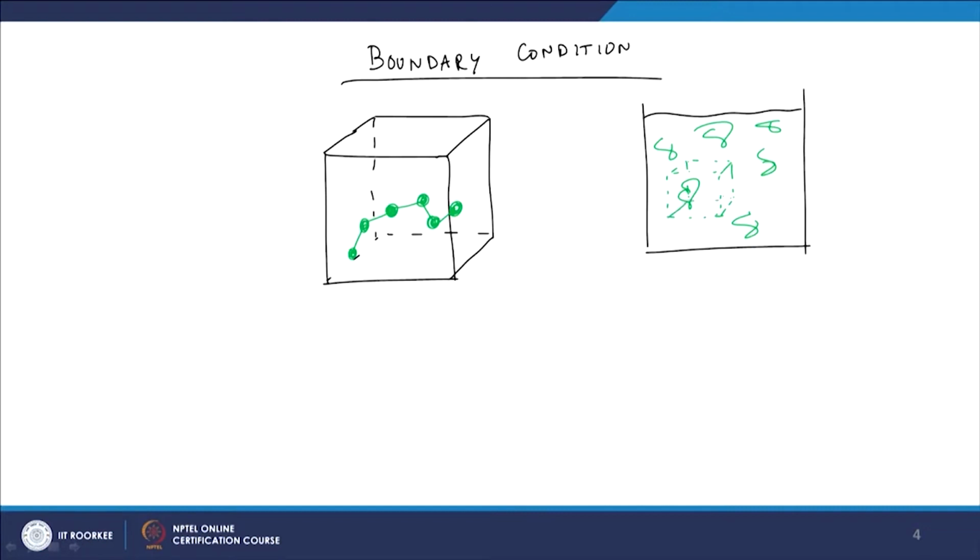So, in fact, if you look at this particular volume or any volume within the beaker, it will not be that only one single chain will be confined there. It can be that the polymer chain moves away and some other chain present in the system comes into that volume.